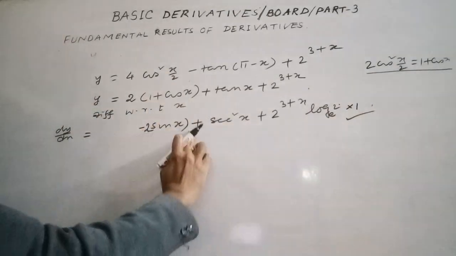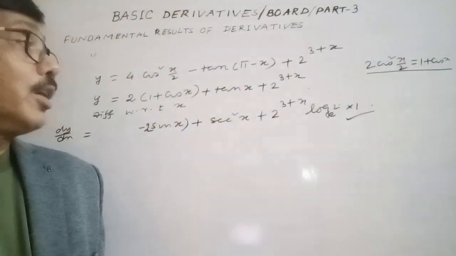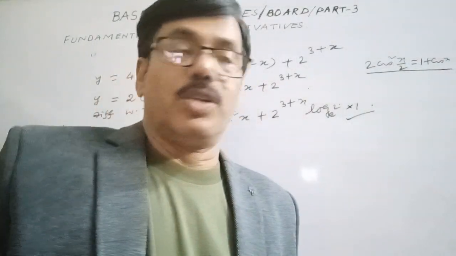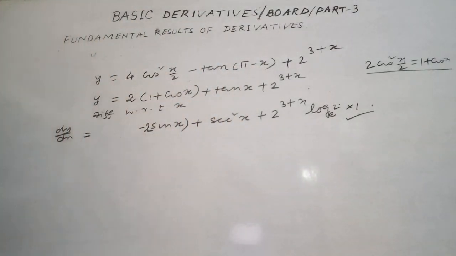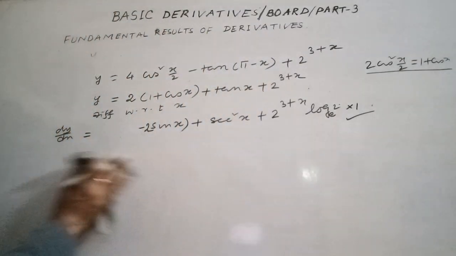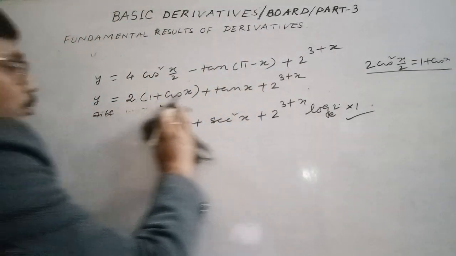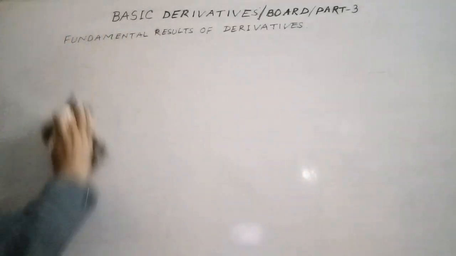You can write this step directly. So your main aim is to express the given function in terms of known functions. So that's why you have to know the formulas of trigonometry.